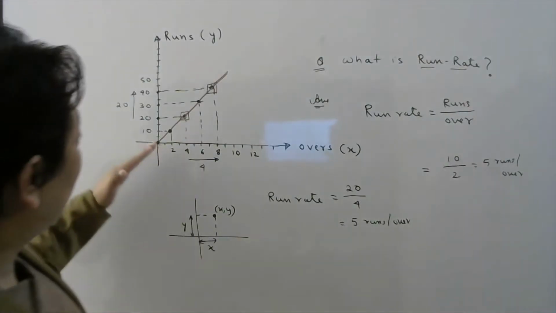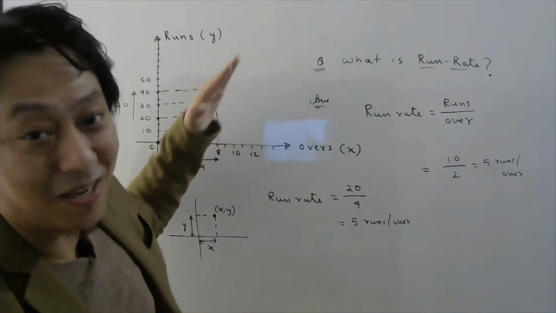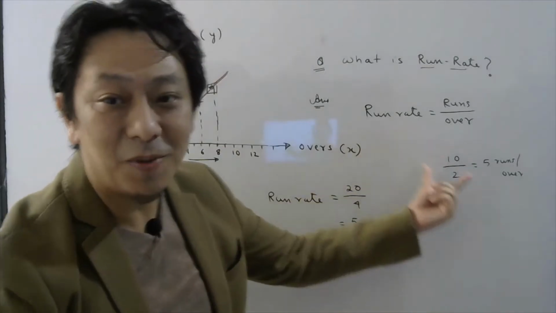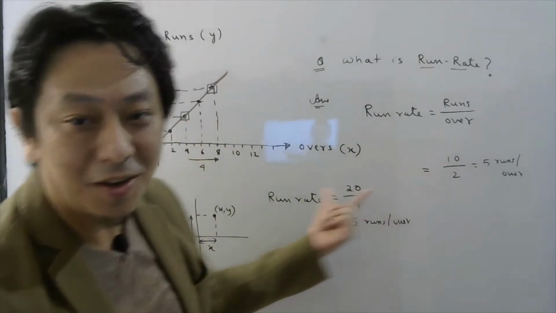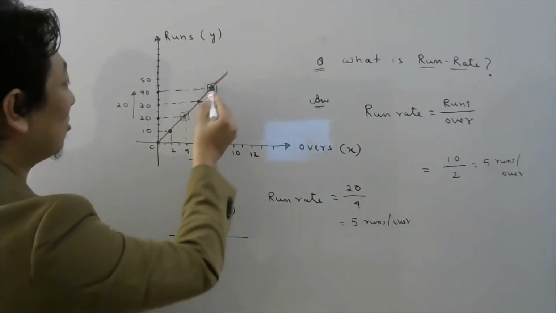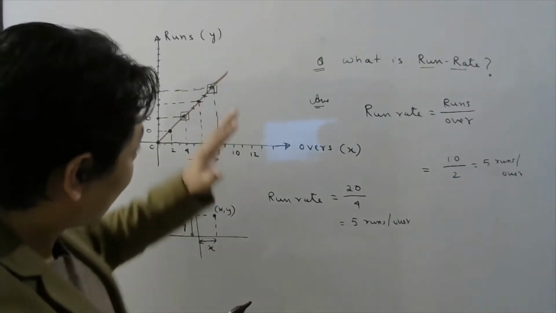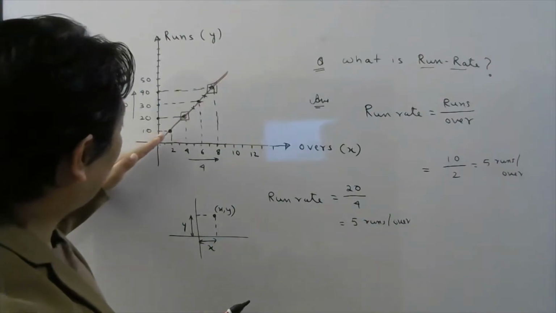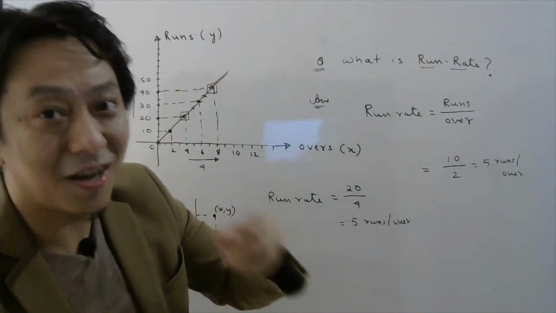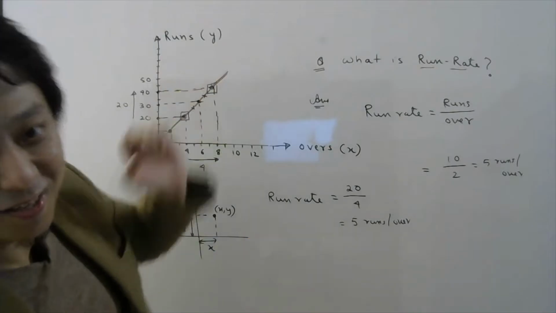In other words, if the graph of runs versus overs is a straight line, then the run rate would be constant: 5 runs per over. It doesn't matter whether you choose these 2 points or any other 2 points. So in cases where your graph is a straight line, the rate at which runs are scored would be constant, isn't it?